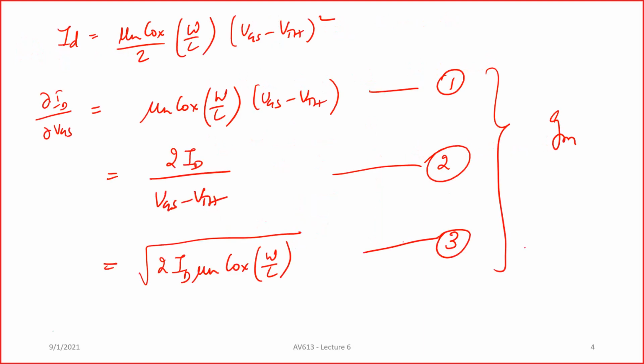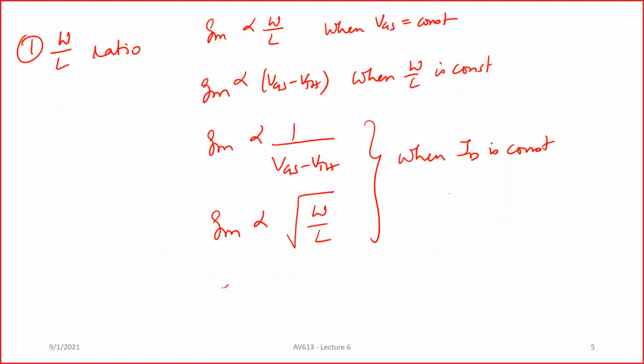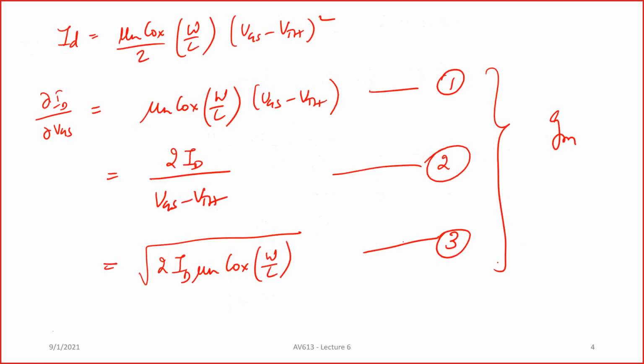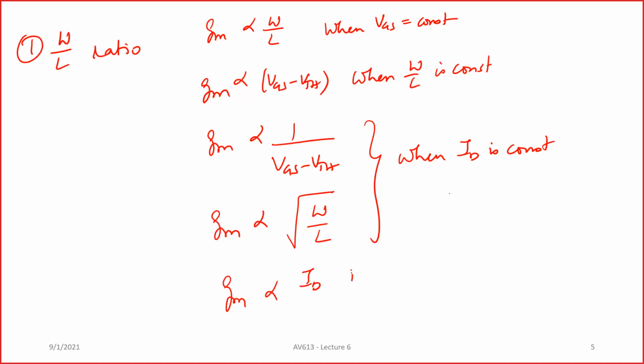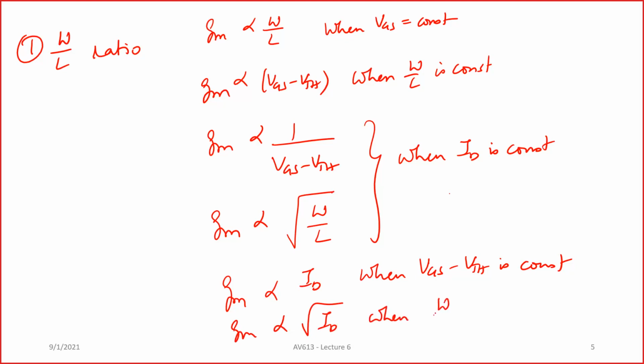And finally, we can say that if you keep everything else the same, like if you keep W by L and VGS minus VTH the same, GM becomes proportional to ID, or GM becomes proportional to root of ID when W by L is constant.